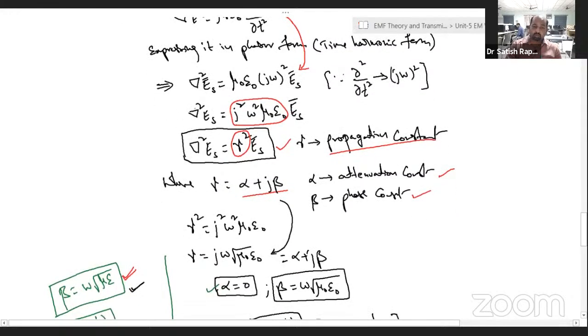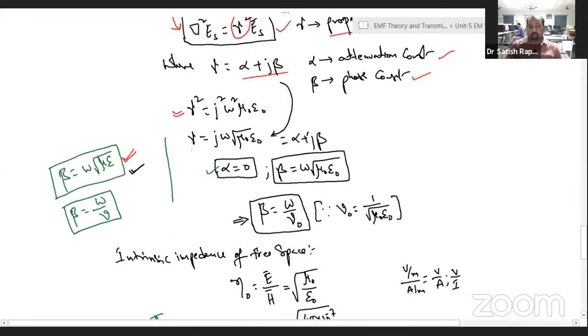So comparing these two equations, we will get gamma square, and gamma has only an imaginary part. Therefore the real part is 0, and the imaginary part beta, the phase constant, is equal to omega root mu naught epsilon naught.